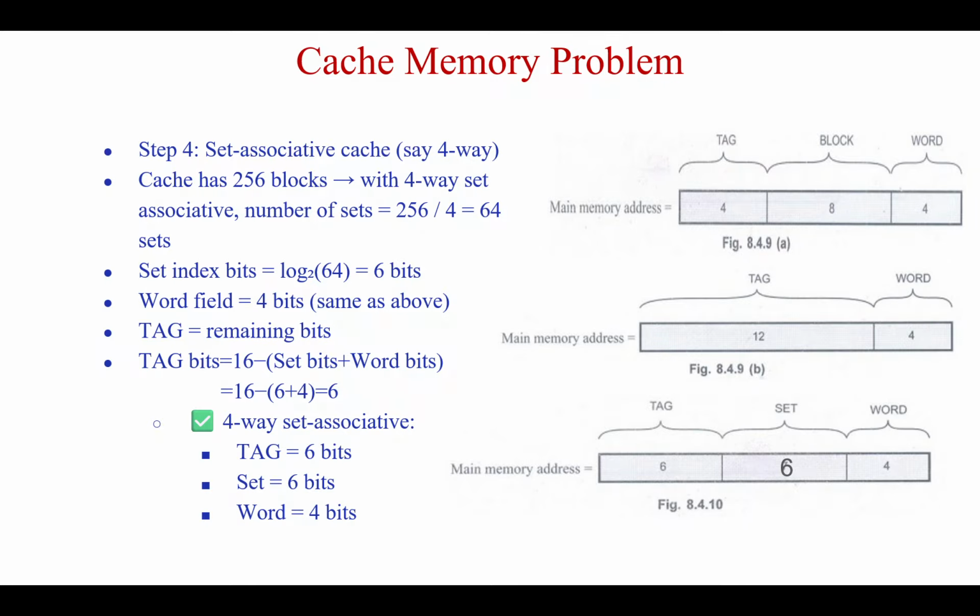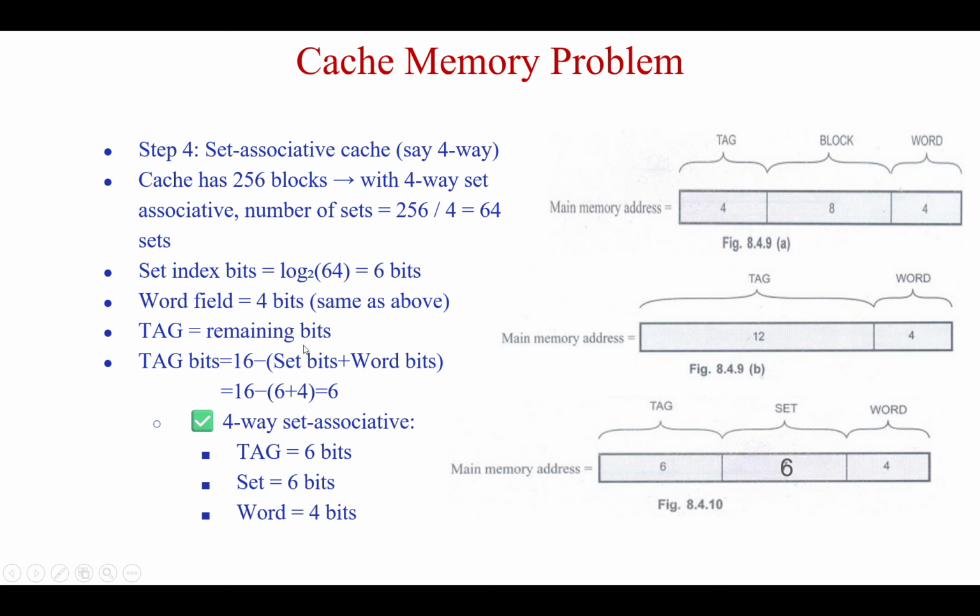The cache has 256 blocks with a 4-way set associative organization. It means 256 divided by 4, so 64 sets will be available. The set index is log 64 to the base 2, which is equal to 6 bits. The word field is 4, same as the previous one.